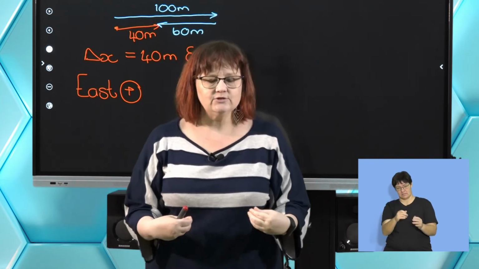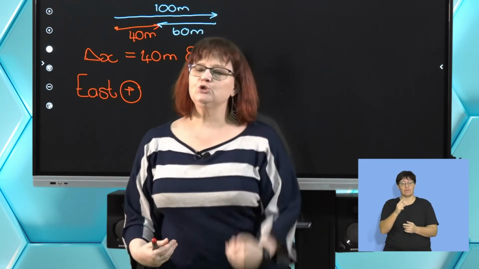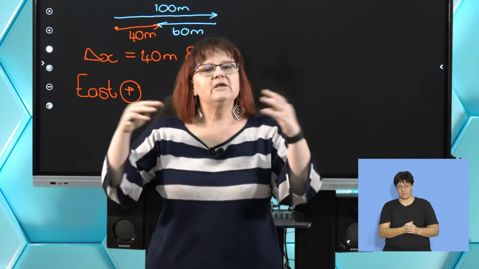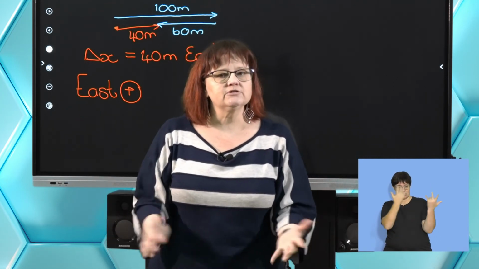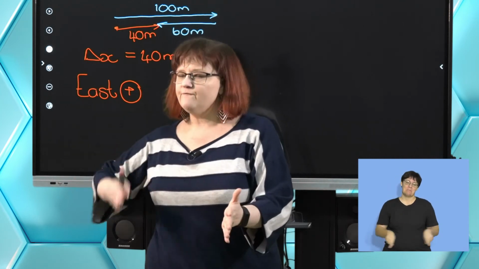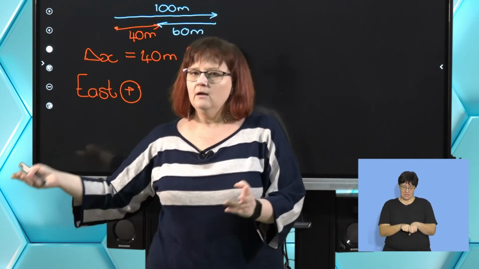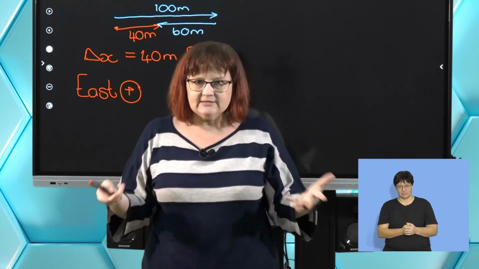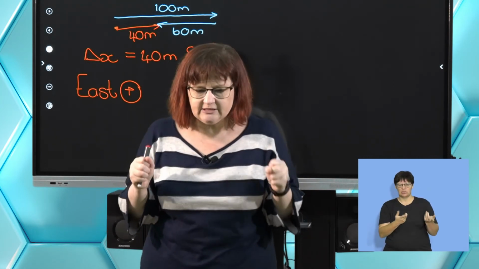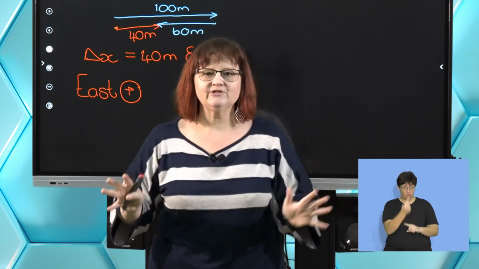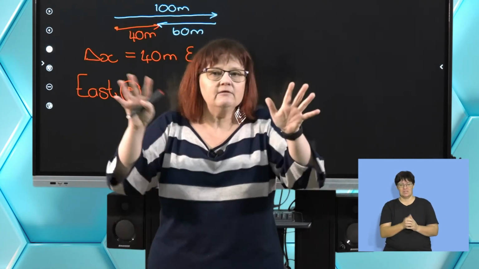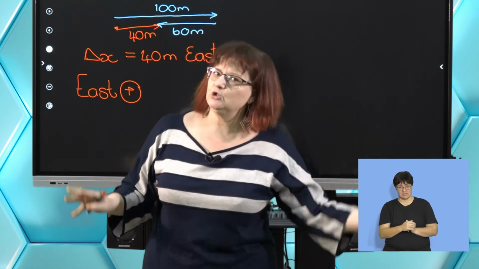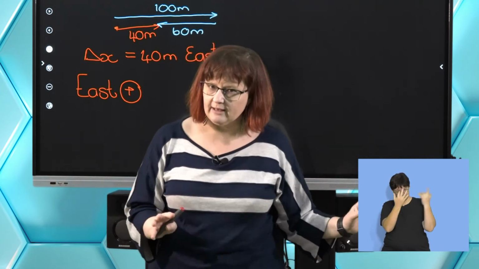What I like to do is always choose my first direction as my positive direction. Because if I do my calculations the same way every single time, I'm not going to get confused. So I'm not going to spend time going, ooh, which direction must I choose? First one mentioned. It doesn't matter if your answer ends up being negative, because you can work out what that means, okay?